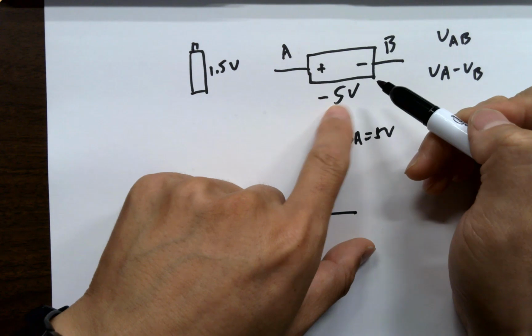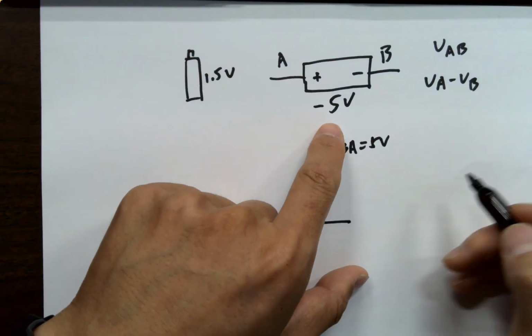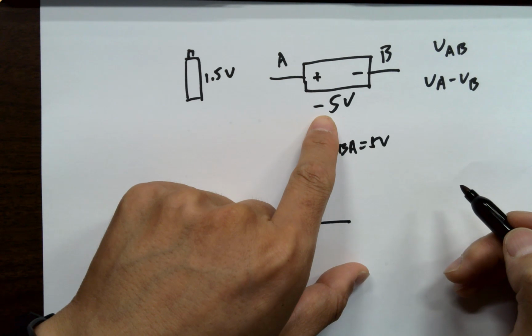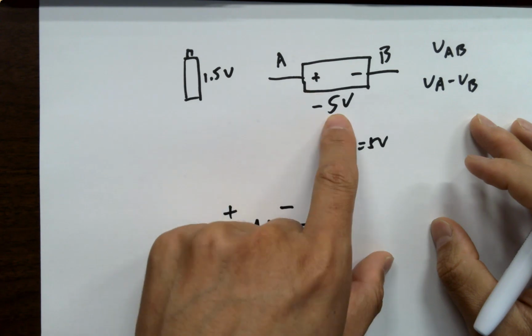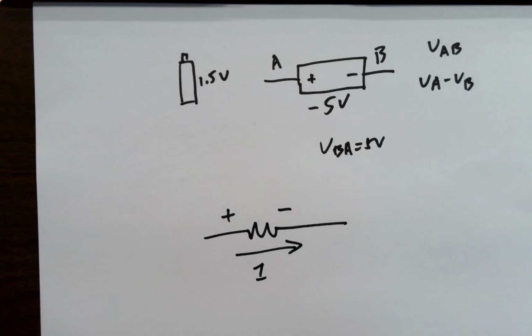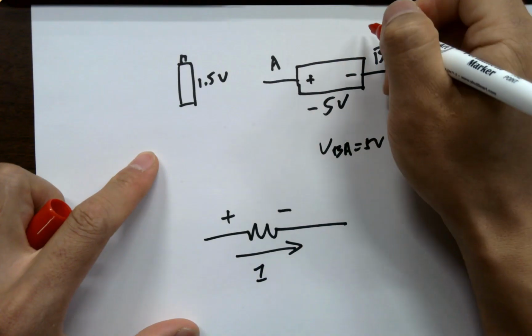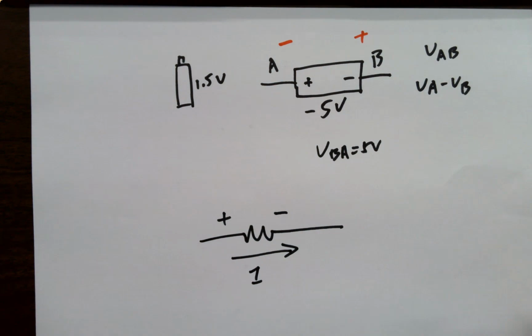So if the problem gives you, or whatever is given by the problem is like minus 5 volts from here to here, you should know that physically in the circuit, it's a voltage drop from B to A. It's not A to B. From A to B, it's dropping negative 5 volts. Let's not think about it that way.